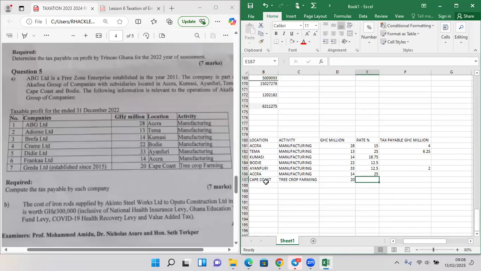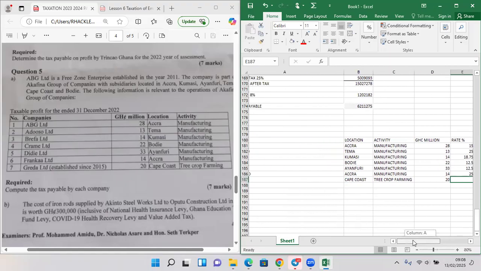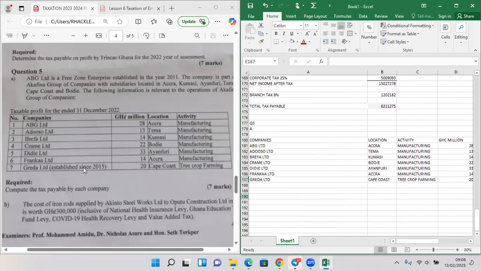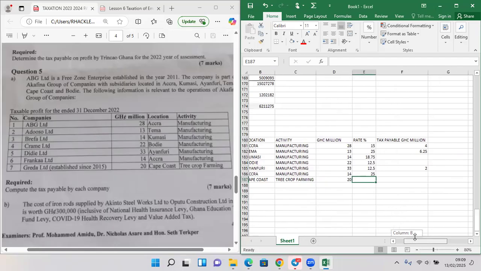And then tree cropping, after their concession, attracts a tax rate of, I think, 25% or so. But it was established in 2015, and I think their concession is 10 years, and this is just 2022, so they are still in the free zone.